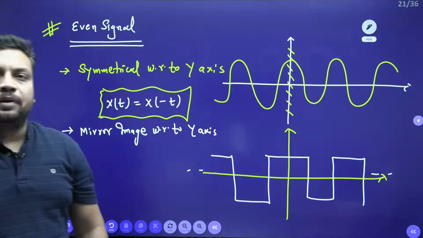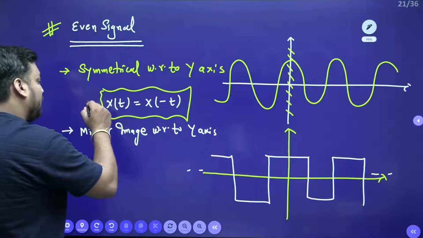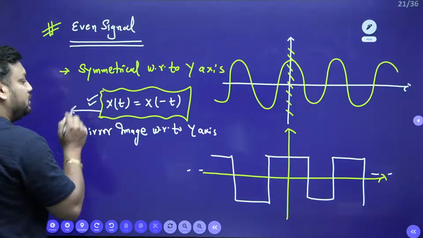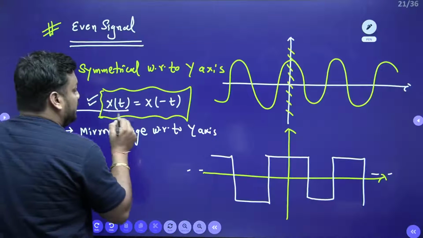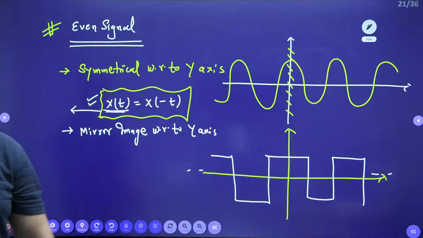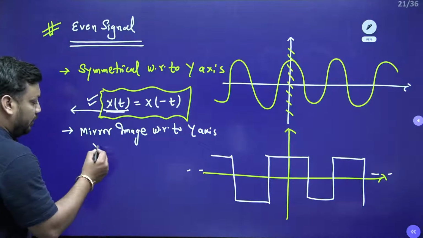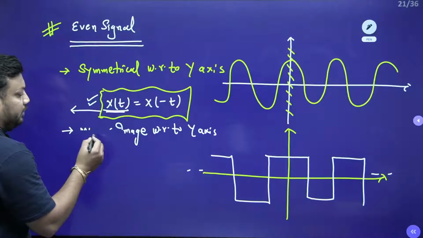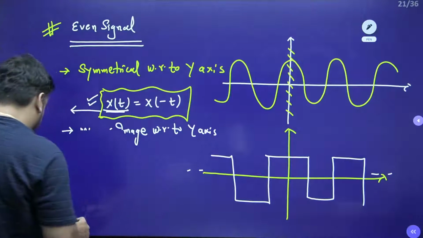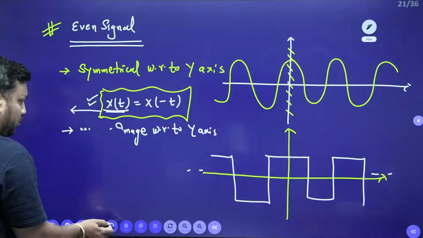Is this clear or not? So how to identify mathematically? Mathematically the equation must satisfy x of t equal to x of minus t; then the signal is an even signal. So if my x of t equation is cos t, tell me, is it mathematically satisfied or not?